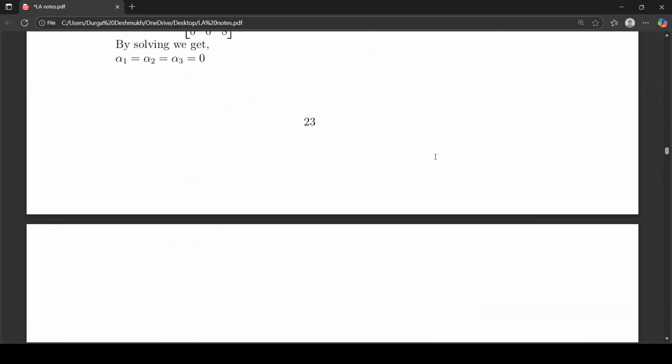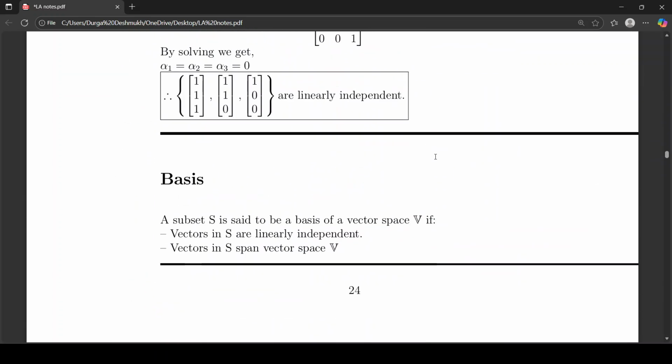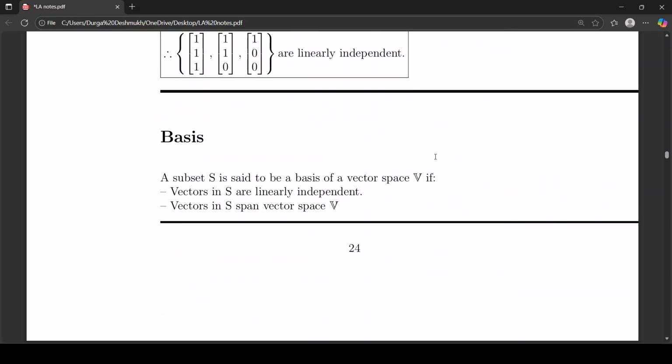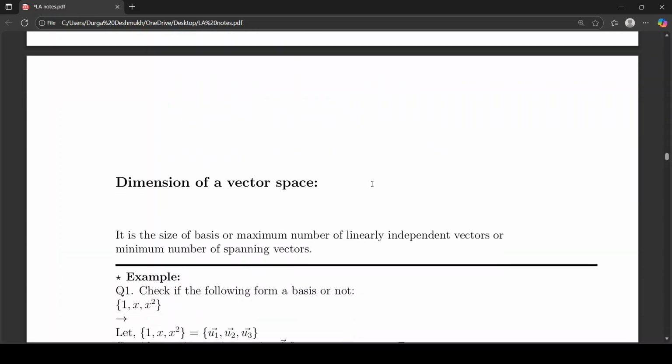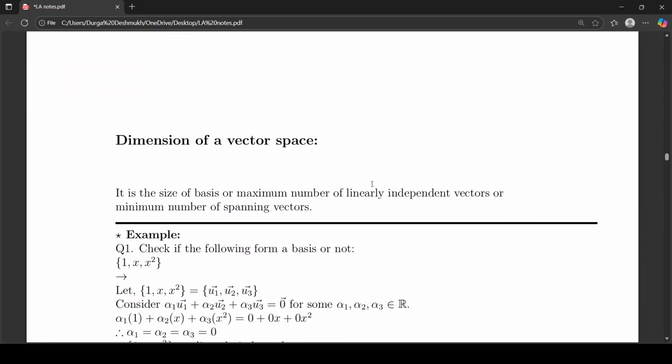Moving further, we will see basis. A subset S is said to be a basis of a vector space if the vectors in this set are linearly independent and they span the vector space. Before proving that, first look at what the dimension of a vector space is.